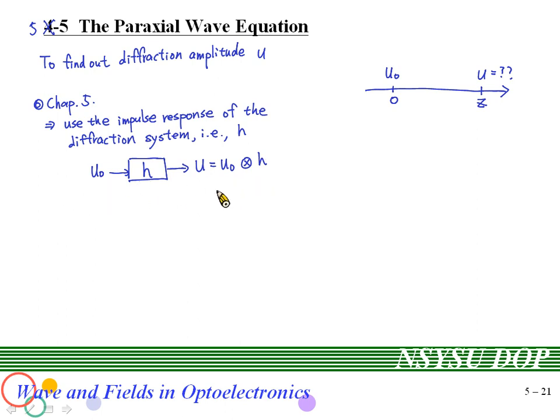How can we find out the same result in Chapter 6? In Chapter 6, we find the diffraction amplitude by finding the characteristic equation of this system.